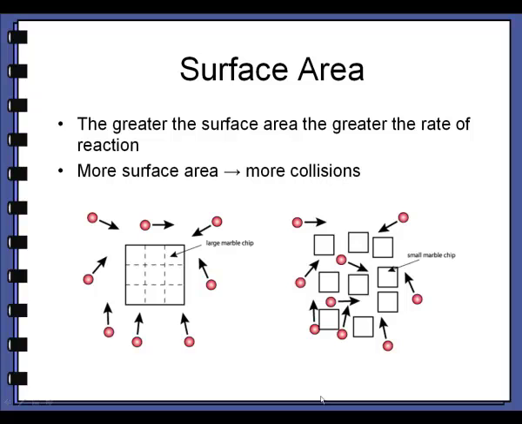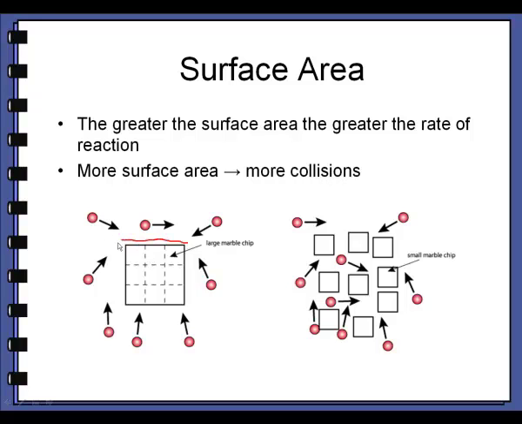Another factor that influences the rate of the reaction is known as surface area. Surface area is basically the amount of reactant exposed based upon the form it is in. The idea is that the more surface area that is exposed, the more collisions that you would see. So let's, for instance, say we have a large chip versus a bunch of smaller chips. You can see here if these red particles want to react with the large marble chip, there's only a certain amount of area exposed.